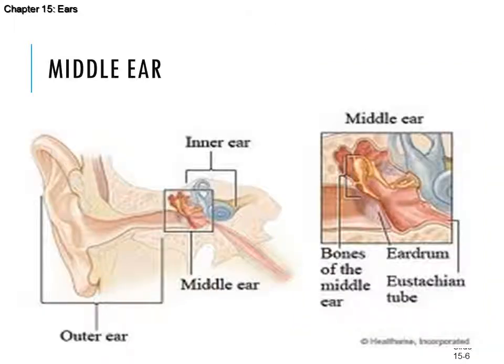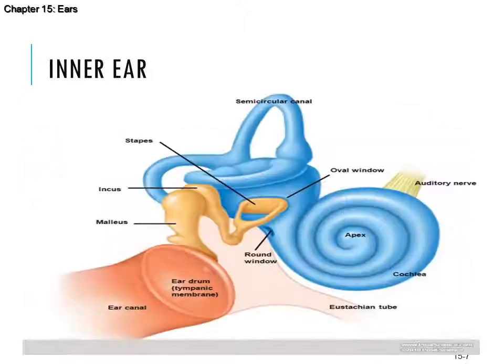This just shows us a little bit more specific on the inner ear itself. Back in the inner ear, this picture is just enlarged. We can look at the oval window. We can look at where the stapes is joined to the bone in the ear.